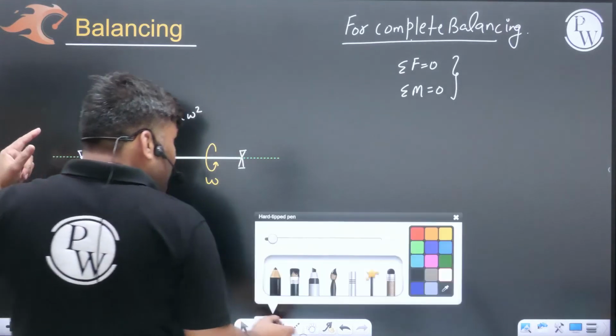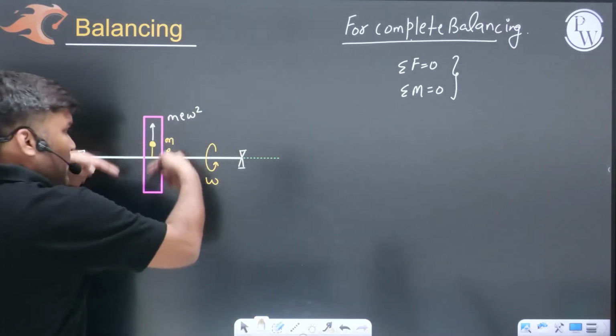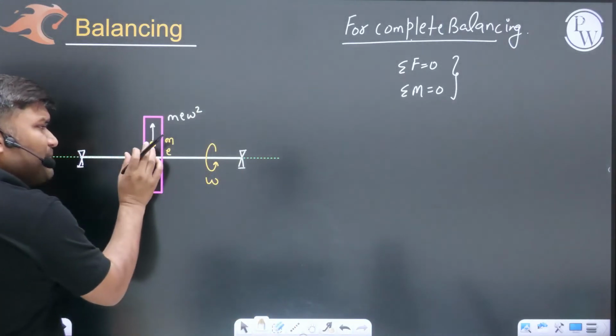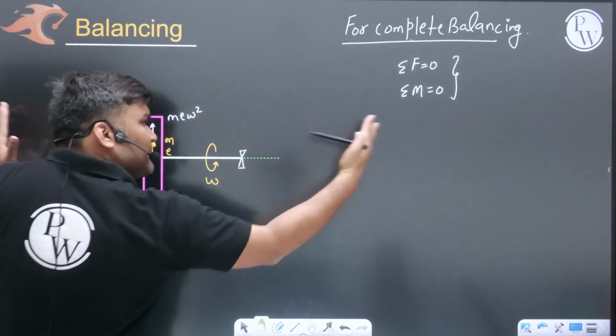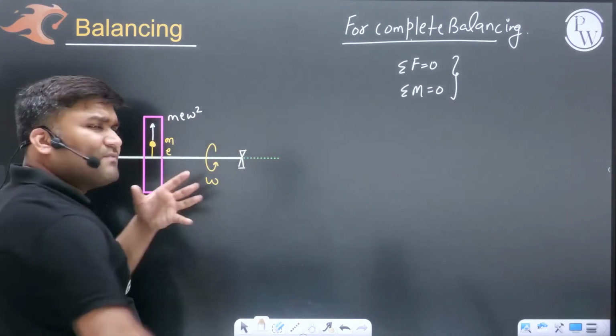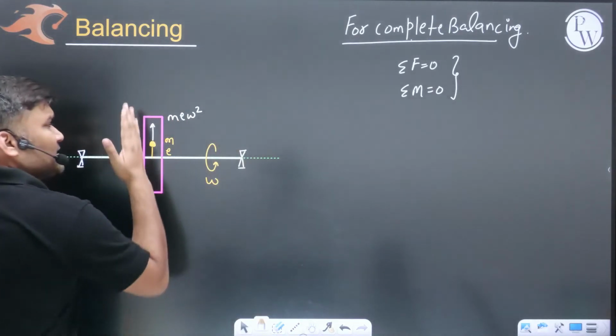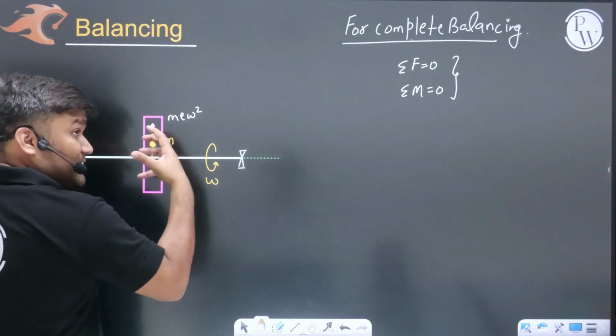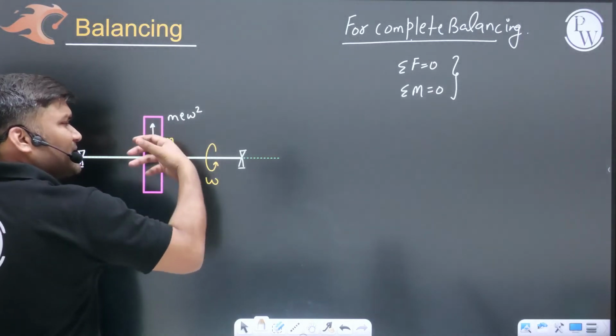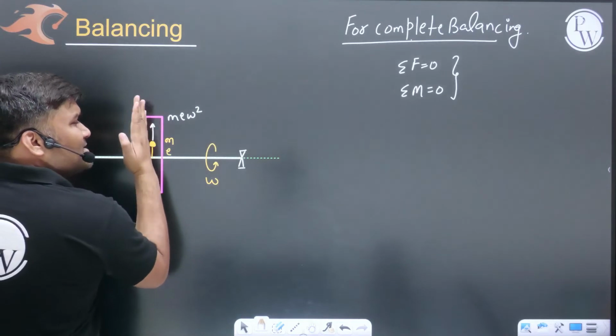Sometimes the situation is that whatever rotating part you are discussing, its axial dimension, the length dimension, is very, very small. So I can imagine that this real problem can be treated as a mass rotating in a single plane.